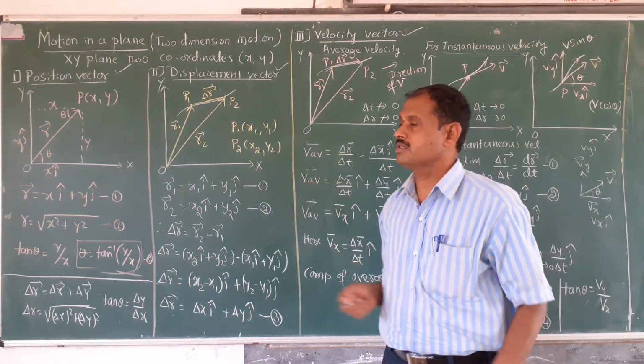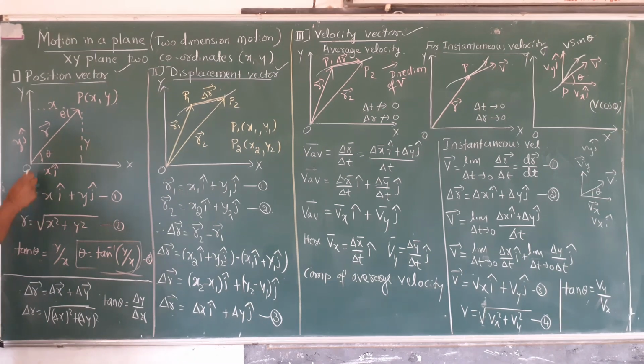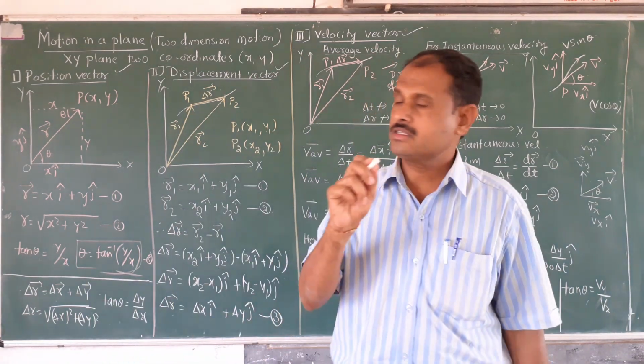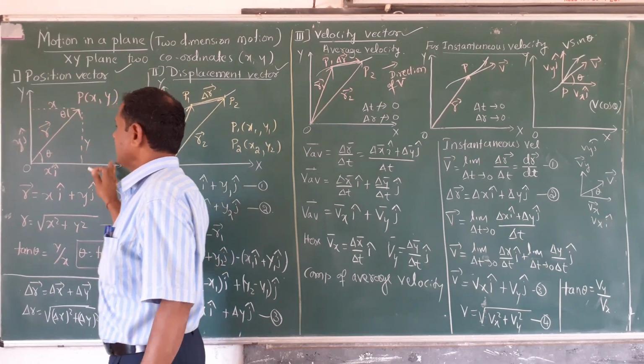Now we come to the position vector. Now this is the xy plane. This is ox, this is oy. Let us take the point P. Point P is in the xy plane.